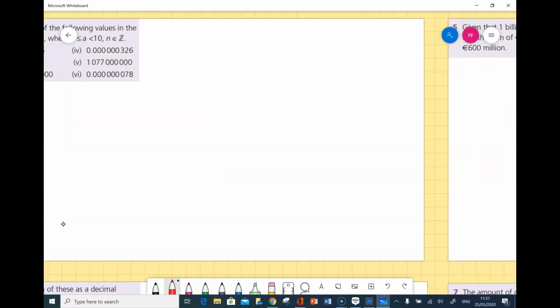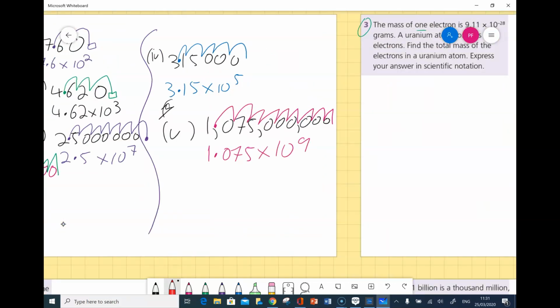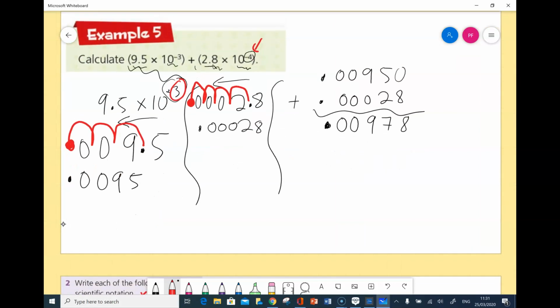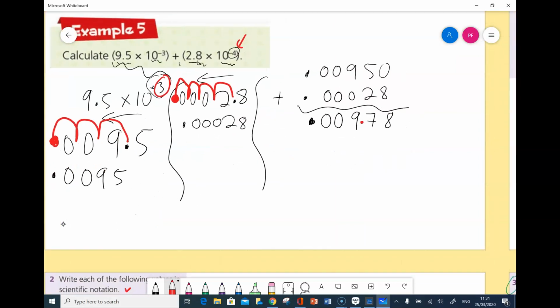Where am I? I would like the decimal place to be here. So it goes 1, 2, 3 places to the left. So it would be 9.78 by 10 to the power of minus 3.